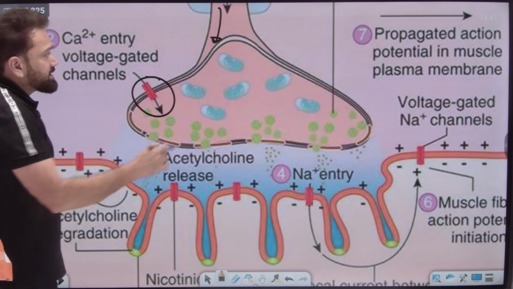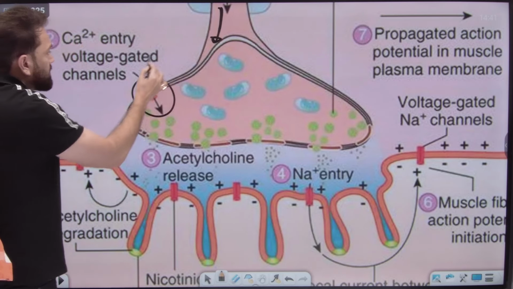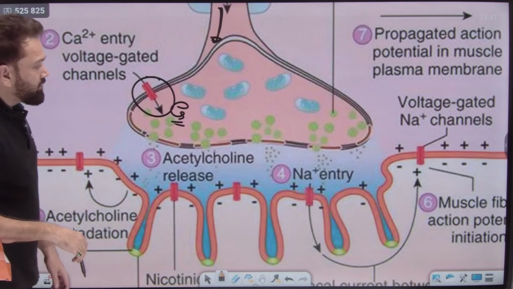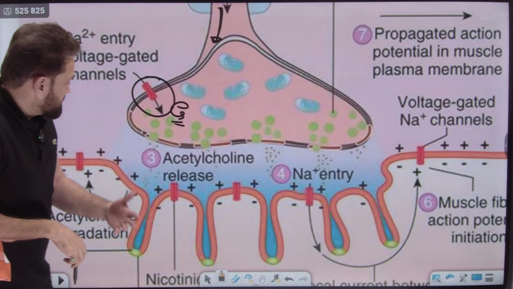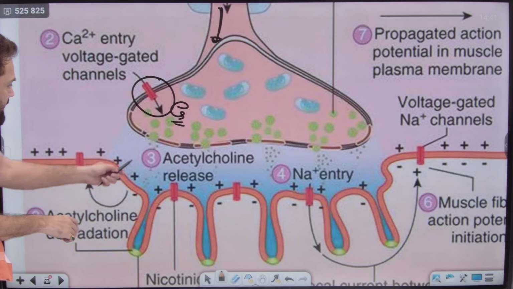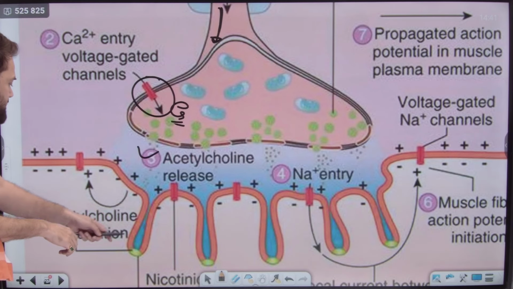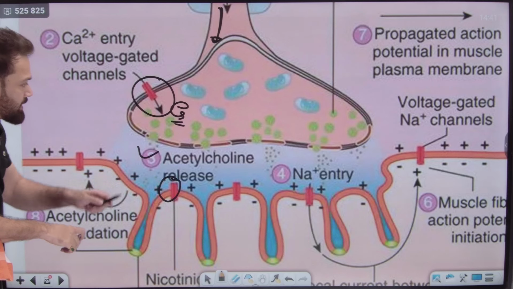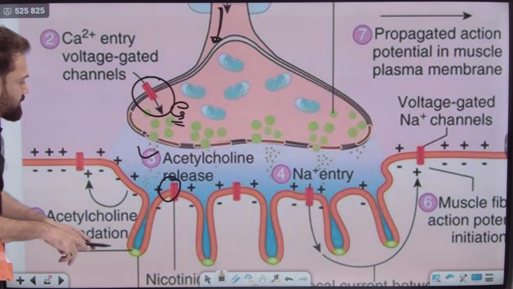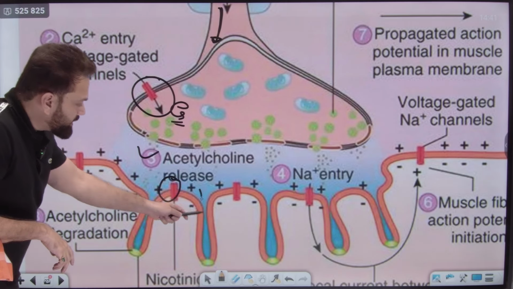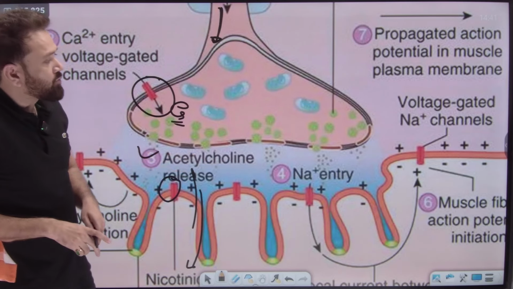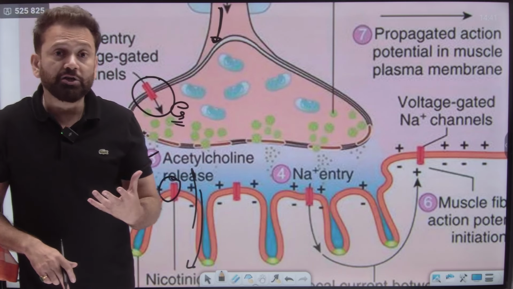So when action potential comes down the nerve, calcium entry will be there, and calcium is important for exocytosis of acetylcholine, and this acetylcholine will attach to the ligand gated acetylcholine channel in the muscle sarcolemma, and this will cause opening of the gate. Sodium will come inside, potassium will go outside, and this influx of sodium will cause action potential in the muscle.